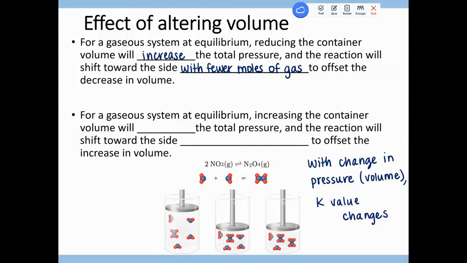But the main message here is that if you decrease volume or increase pressure, then the reaction tends toward the side with fewer moles of gas. By moles of gas, we're looking at coefficients. So left side has 2, right side has 1. Increasing pressure, we tend toward the right side. So now at equilibrium with higher pressure, there's more product than reactant present.